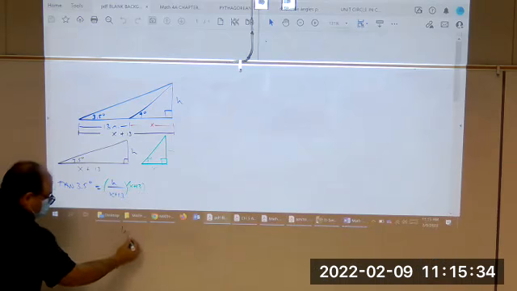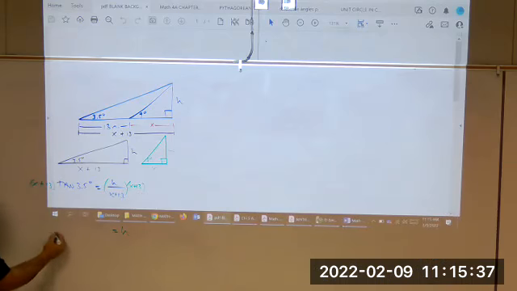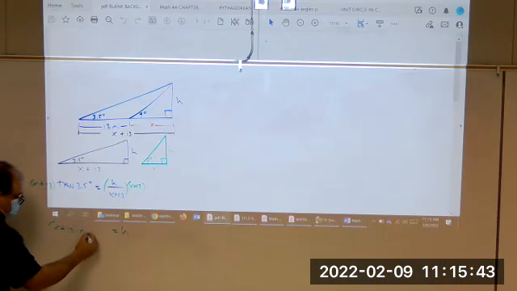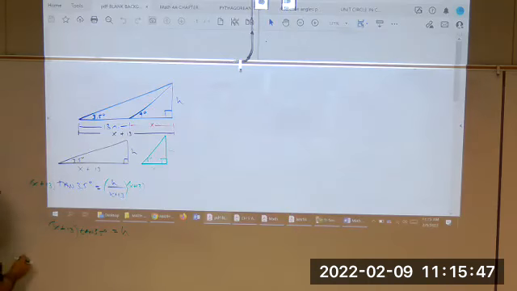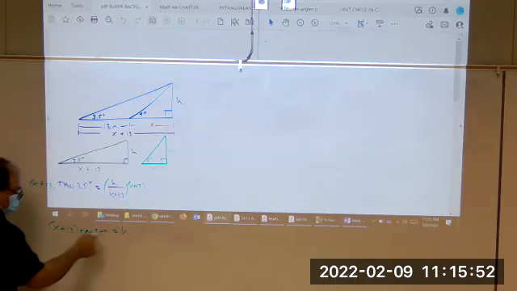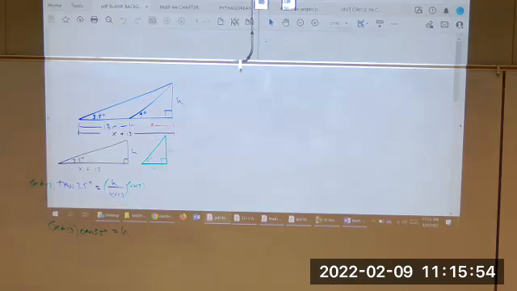Then over here, the height of the mountain is x plus 13 times the tangent of 3.5 degrees. So if I knew what x was, I could plug it in right here, multiply together, and I'd have an amount. I don't know what x is.